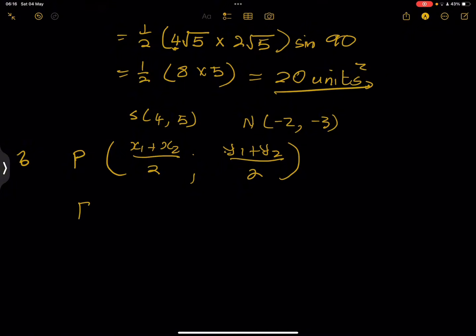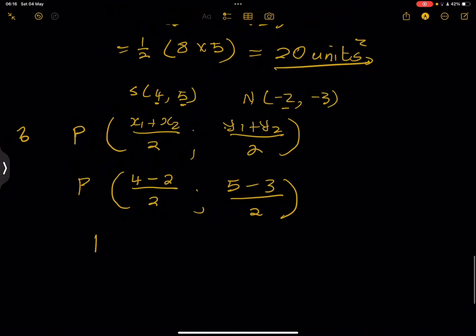So the point P in this case would be 4 minus 2 divided by 2 for the x value, and for the y value, 5 minus 3 divided by 2.